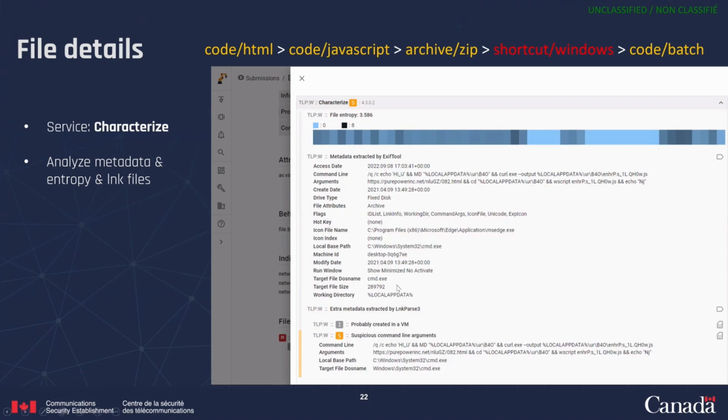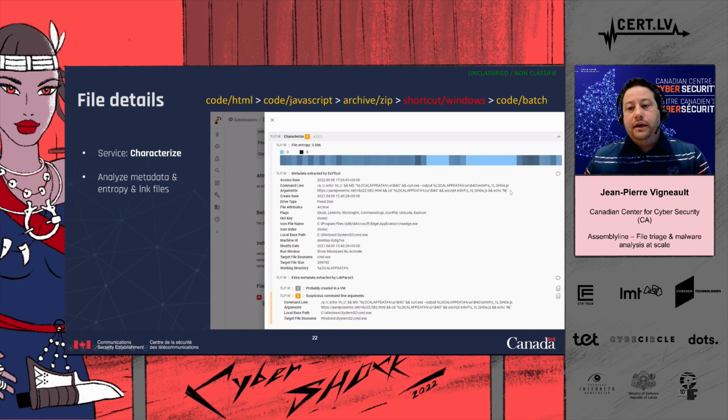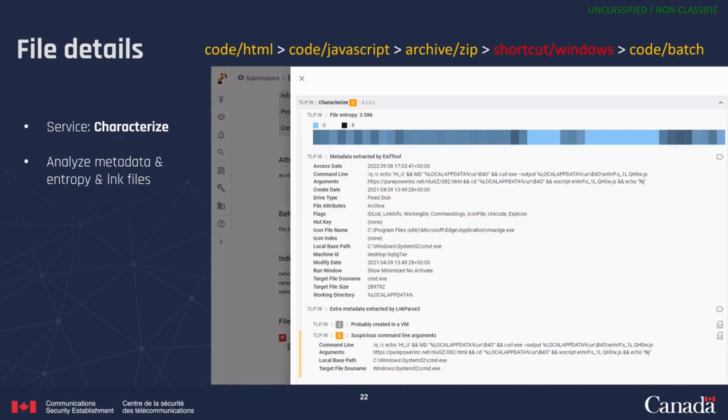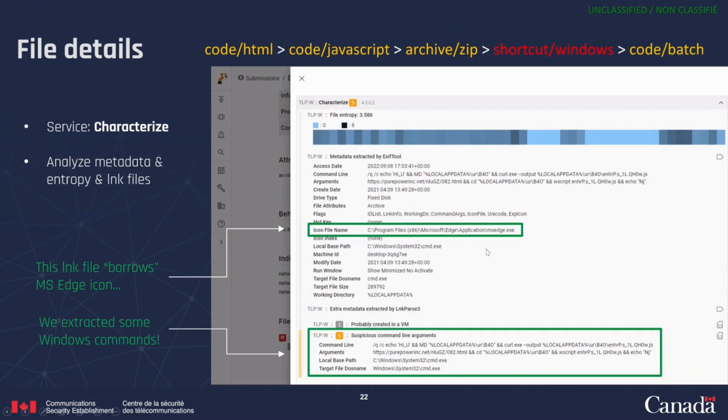What we see here is that the link file has a command, which has a bit of obfuscation, not that much, just a bit, because remember, this was in a password-protected zip file, so there's not a big need to obfuscate this. We can see that the person wants to mimic MS Edge, which is what the end user would see, so it borrows the Edge icon. We can also see there's a suspicious command line, which is a heuristic that the characterize service has raised and flagged.